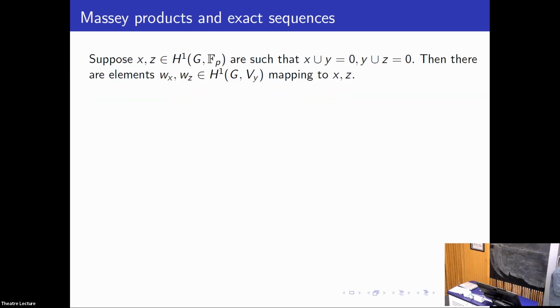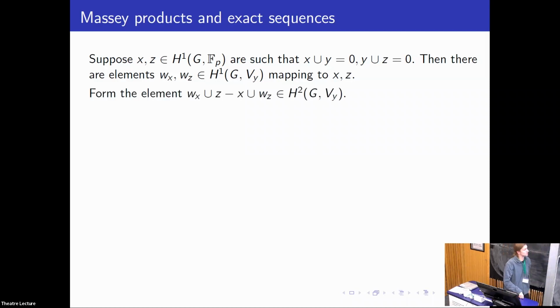This is because the connecting homomorphism is precisely cup product with y, so x and z lie in the kernel of the connecting homomorphism. By exactness of the long exact sequence, there are w_x and w_z that map to x and z. Is this clear? Then you can form the element w_x cup z minus x cup w_z, and this lives in H^2(G, V_y).